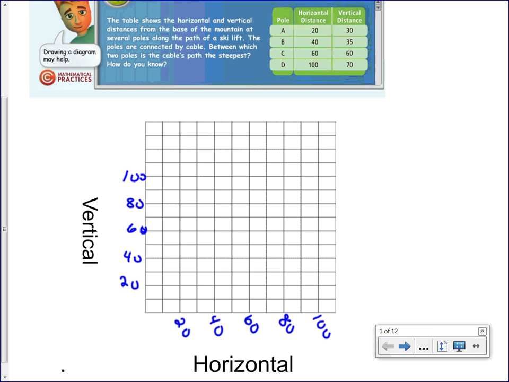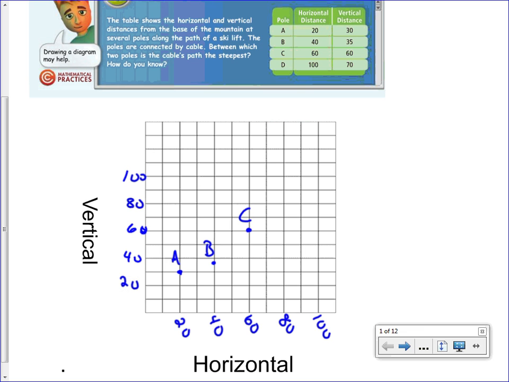So at 20 horizontal distance, we're at a vertical distance of 30. At 40, we're at a vertical distance of 35. This is pole A, pole B. Pole C at 60 is at 60 high.